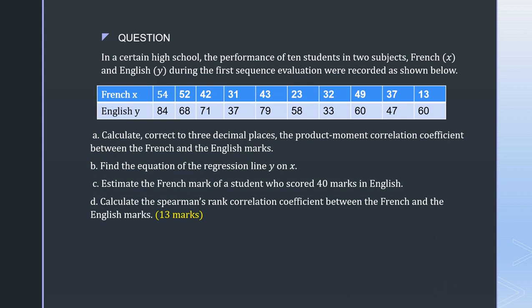So let's get started with the first part, which is calculating the product moment correlation coefficient between the French and the English marks.